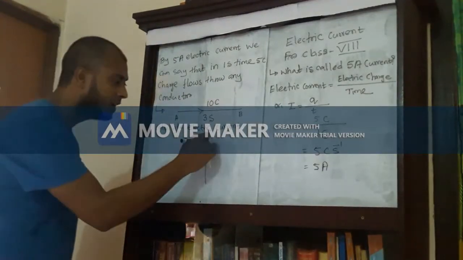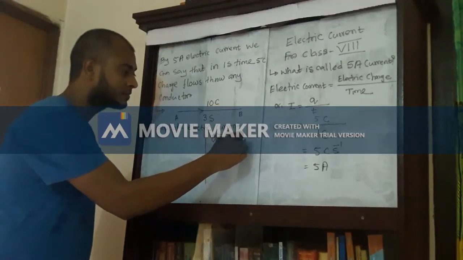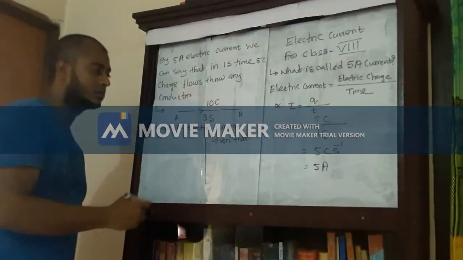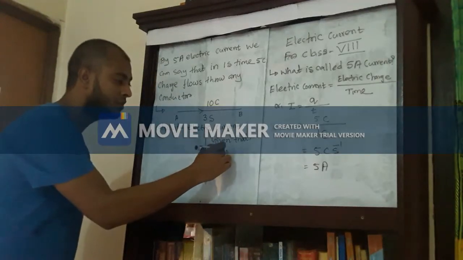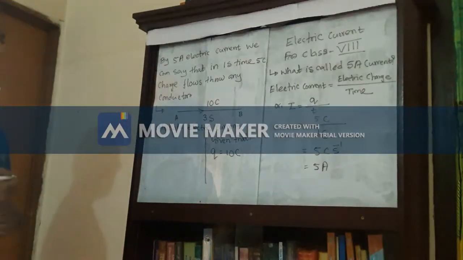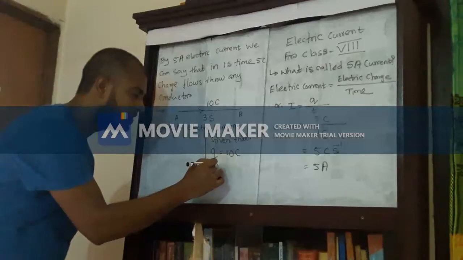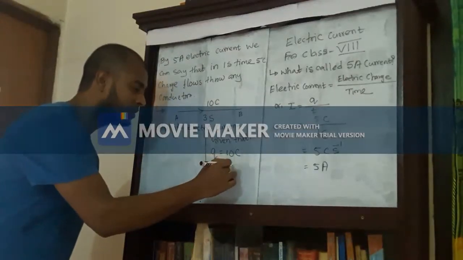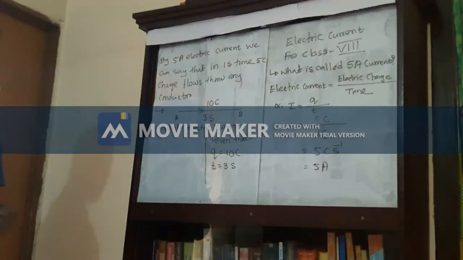Here we can say that, given that, charge Q will equal to 10 coulomb. In the next step, the time t will equal to 3 second time.